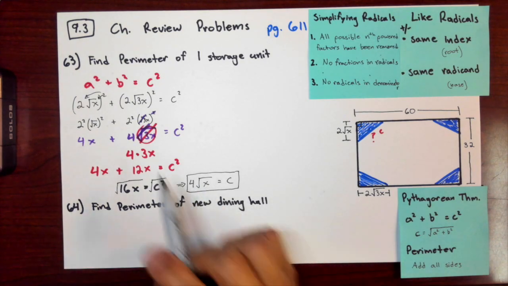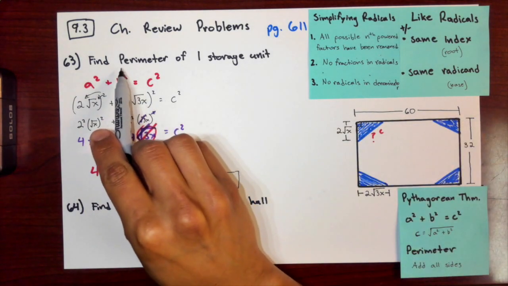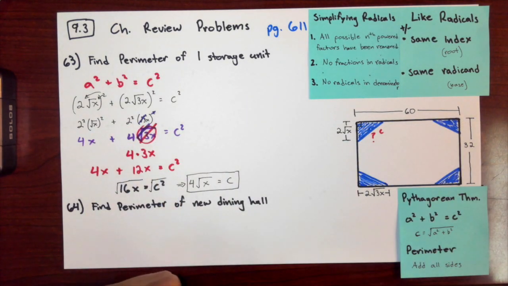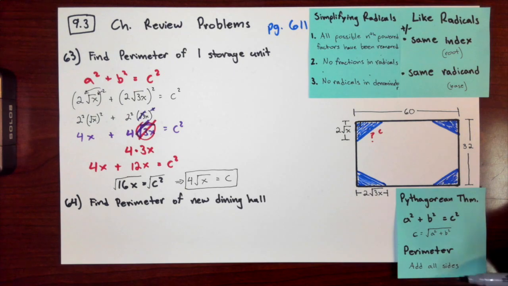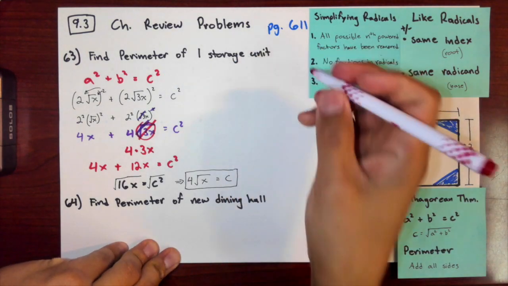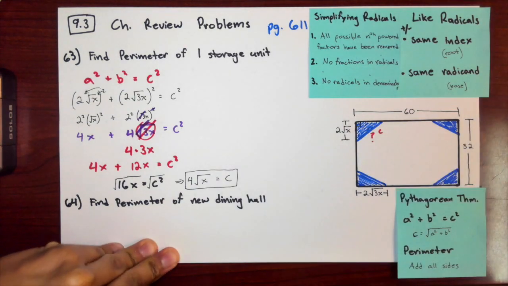We're not done yet, though, because we want to find the perimeter of one storage unit. So to find the perimeter of one storage unit, you'll see I wrote here very, very simply, all we have to do is add all the sides together. So let's go ahead and add all of the sides together, and we'll do that up here. Let's do it with the purple.